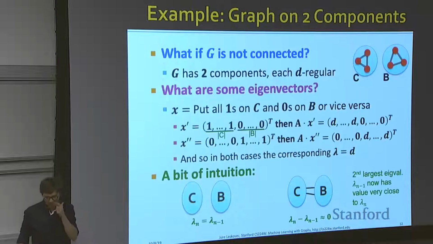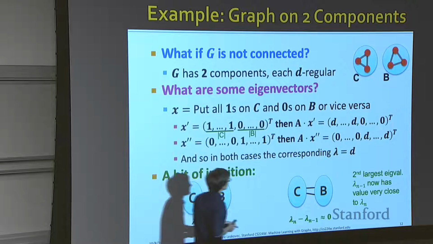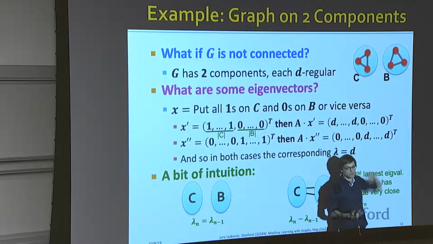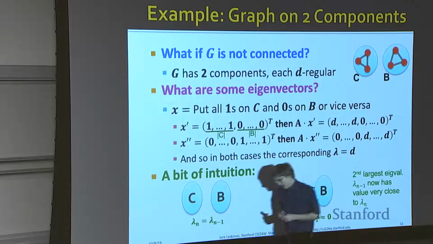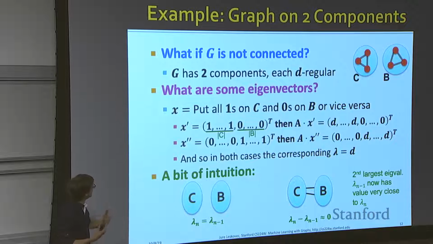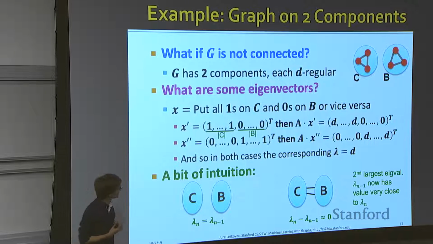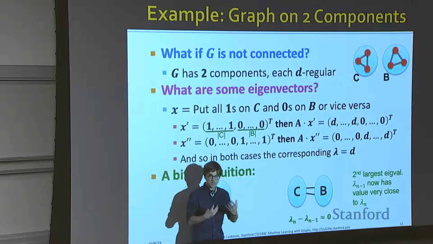So now the question is, what if my graph is not connected? What if my graph is composed of two connected components? Can I come up with eigenvalue eigenvector pairs in this case? Again, this is a d-regular graph, so every node has the same degree d.